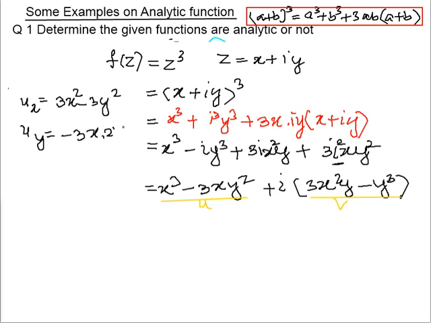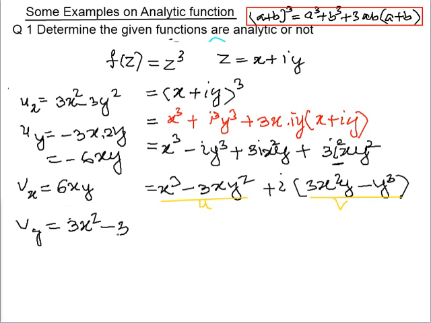So it gives minus 6xy. Similarly, we can find vx, del v by del x. Partial derivative with respect to x: x square gives 2x, so 3 twos are 6xy. Then vy, the partial derivative with respect to y, gives 3x square, y gives 1, minus 3y square.